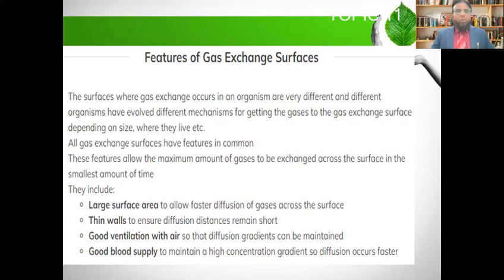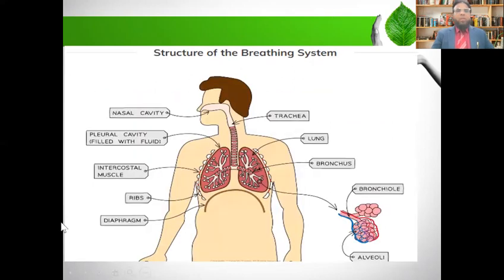Okay, now we come to another slide. You can see here the structure of the breathing system. It starts from the nasal cavity, where the external and internal nostrils are. The air enters into the nasal cavity. Later on, it goes to the long tube called the trachea, which has ring-like cartilaginous structures.